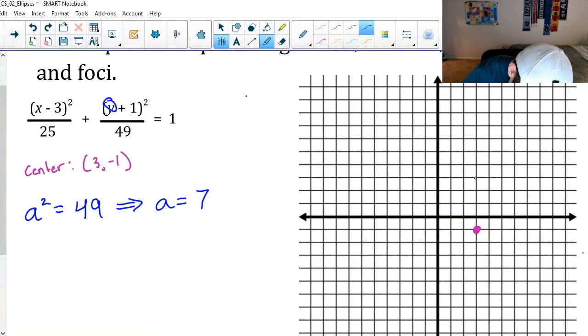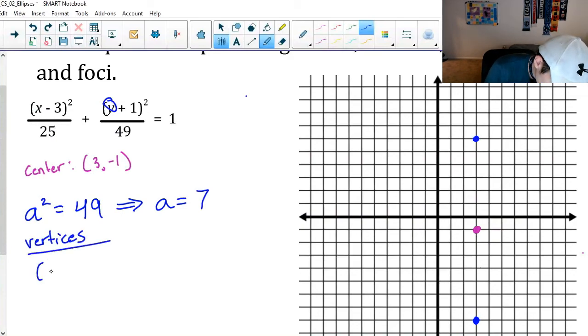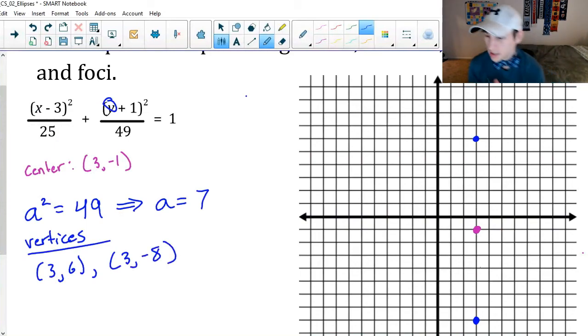So 1, 2, 3, 4, 5, 6, 7. 1, 2, 3, 4, 5, 6, 7. And I'll go ahead and write out what those specific points are. So that would be 3, 6, and 3, -8.